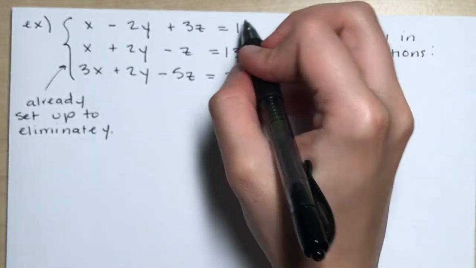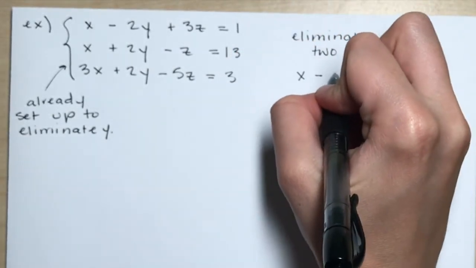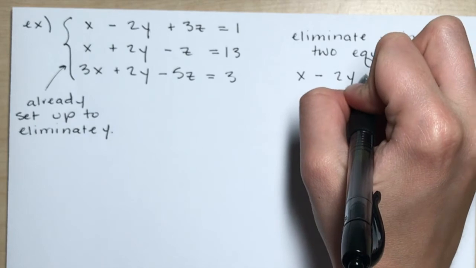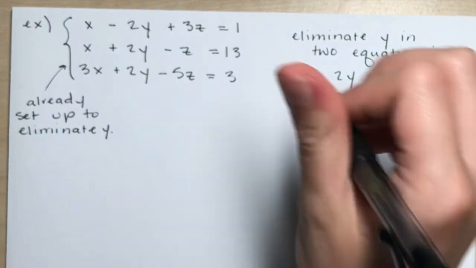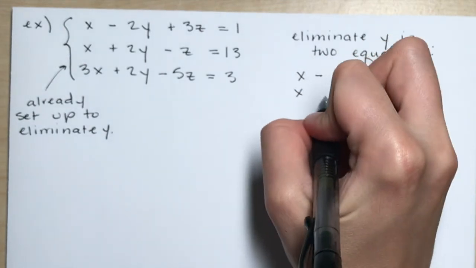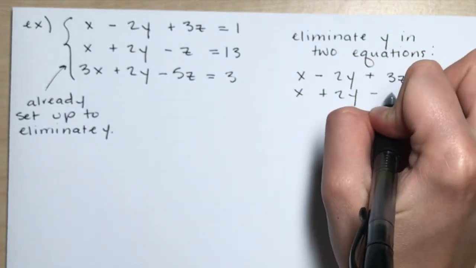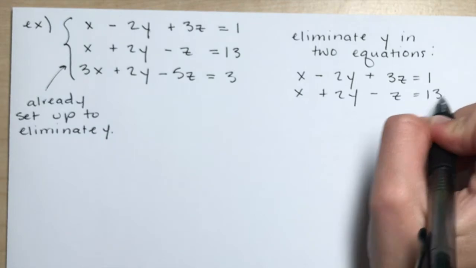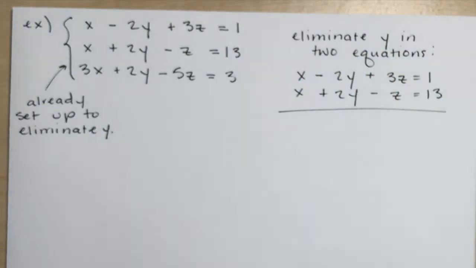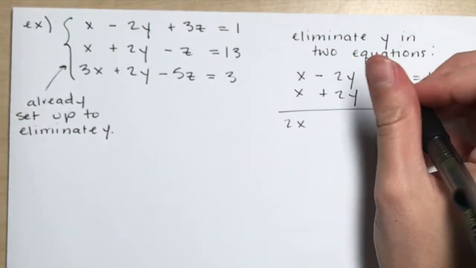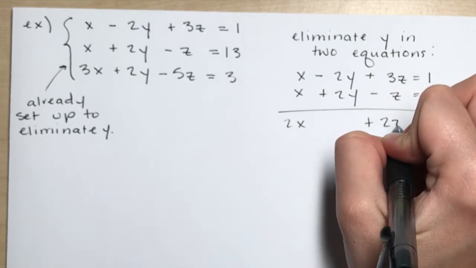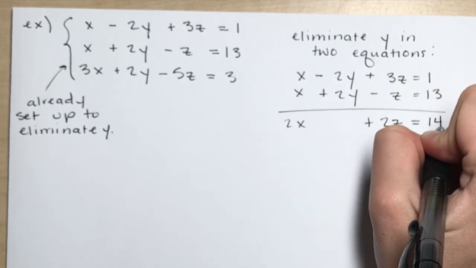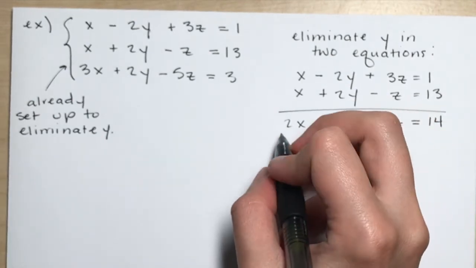So first equation, x minus 2y plus 3z equals 1, and x plus 2y minus z equals 13. We add these guys up, we get 2x plus 0 plus 2z equals 14. Can do the same thing for the last equation.